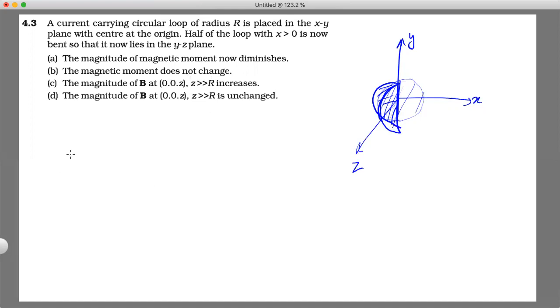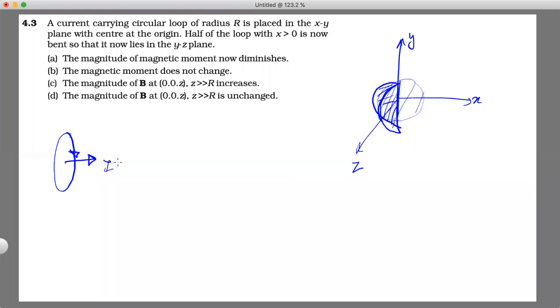So let's just try to understand this. Magnetic moment is perpendicular to the plane of the loop. So if there is a loop like this, then the magnetic moment is like this, which is given by the right hand rule. The current is going like this and the magnetic moment is like this.